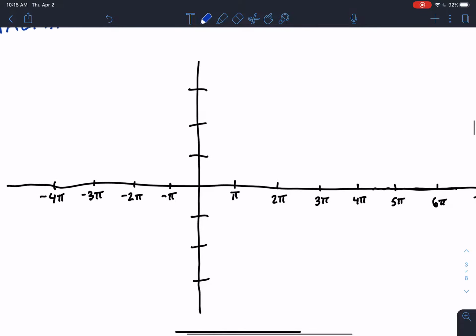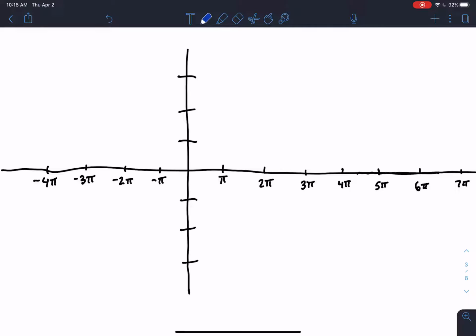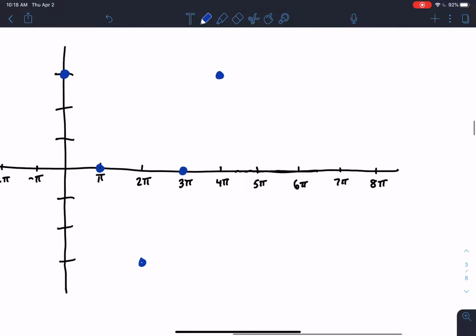So when I start at x equals 0, I need to start at my high point, which in this case is going to be positive 3. Okay. And then you have axis, low, axis, high point. Okay. So that's one cycle. And then you just do the pattern again. So high, axis, low, axis, high.